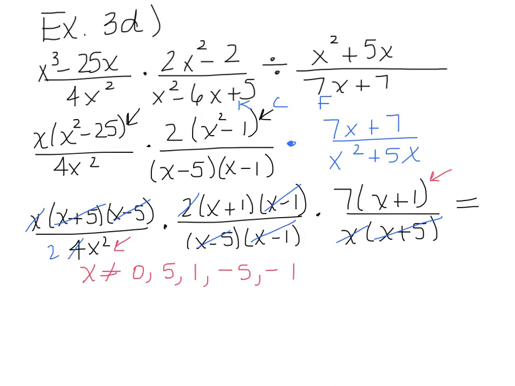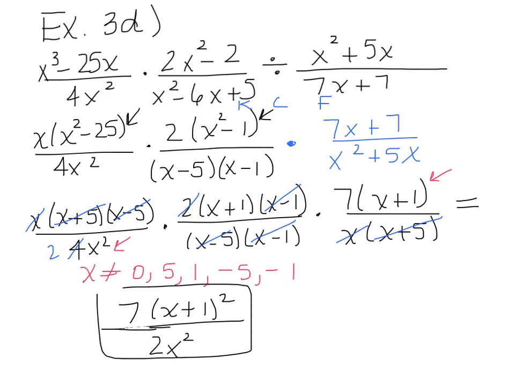So I have a 7 left on the top and an x plus 1 squared. And then on the bottom I have a 2x squared. And that's it. And then we're done.